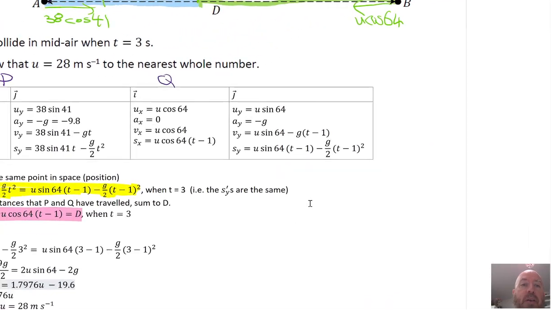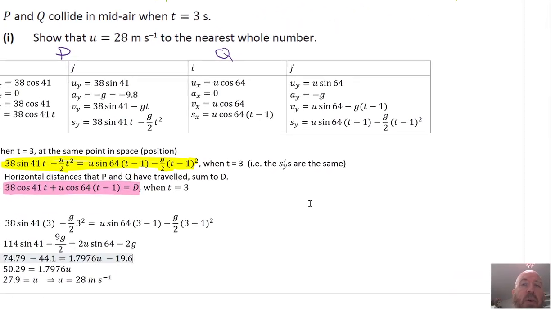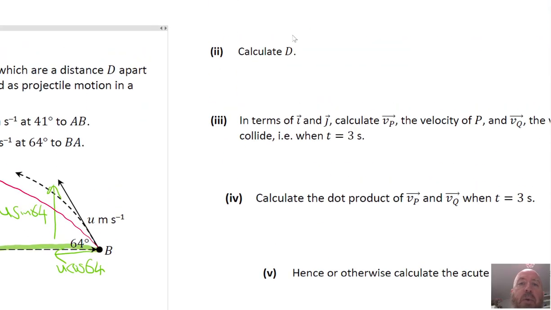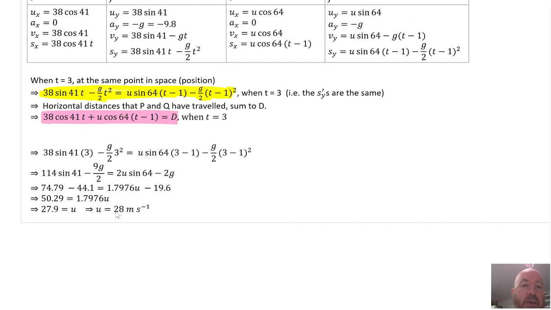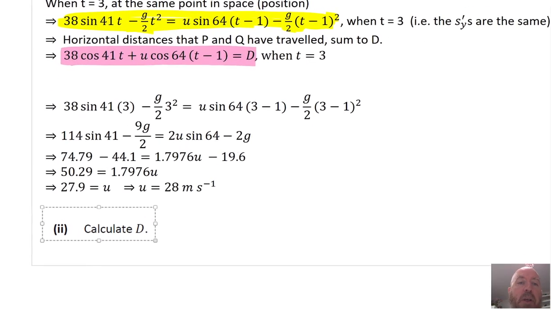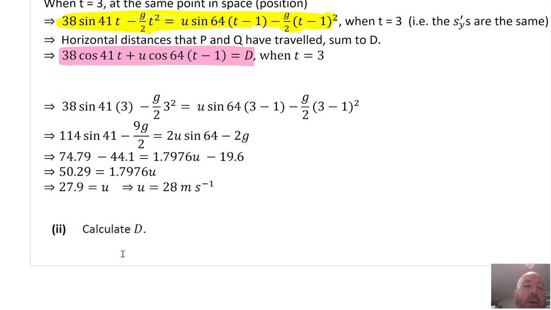Now, where are we at? So that's part 1. I'm just going to scroll over here to get our part 2. Calculate d, which is, I suppose, the only thing that makes sense that they could have asked. Because we now know stuff about u, we can look at that pink equation and get d, I imagine. The idea is there's two properties for when they collide.